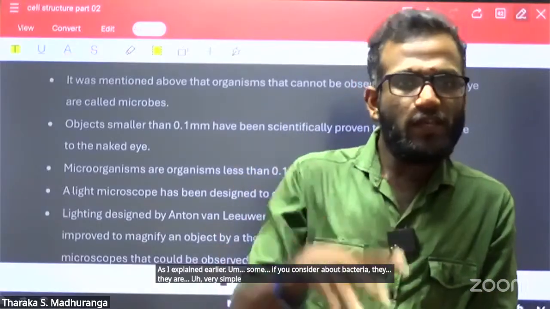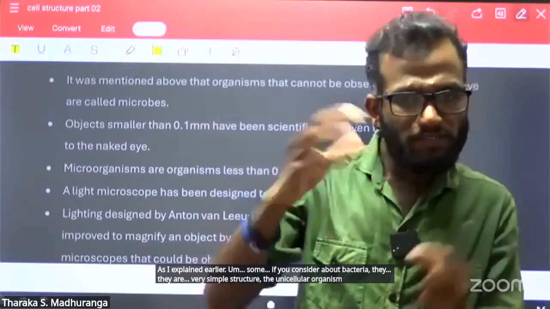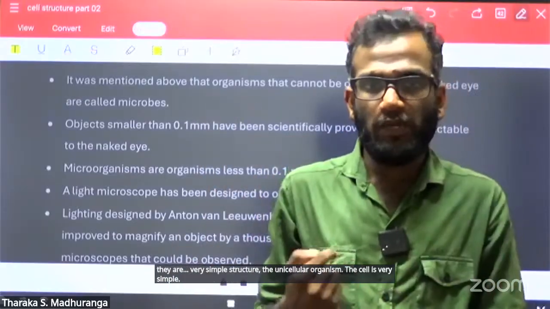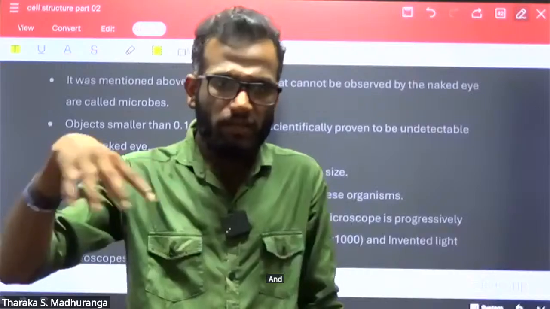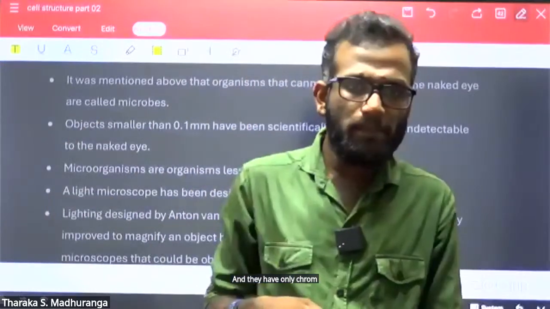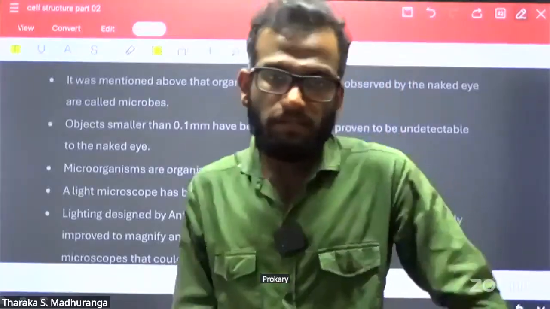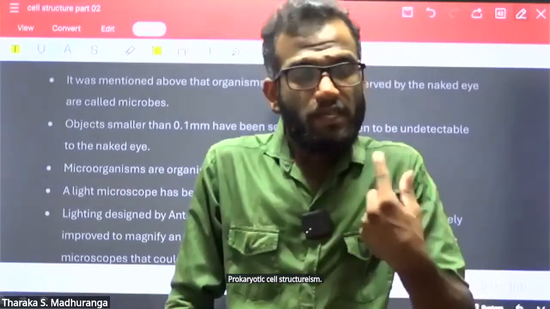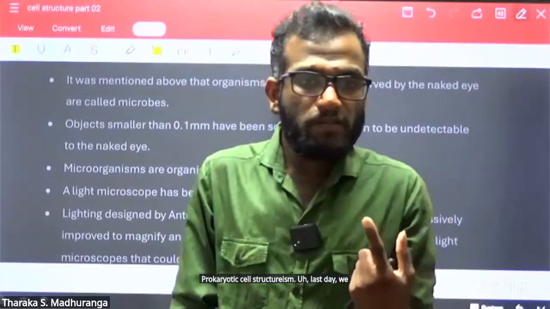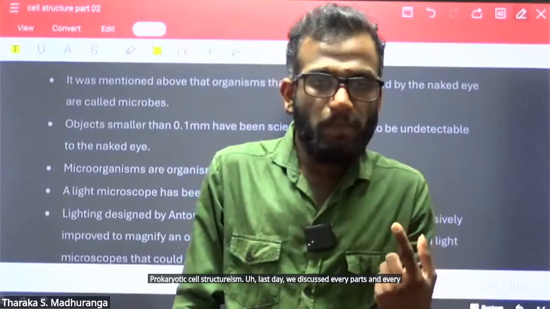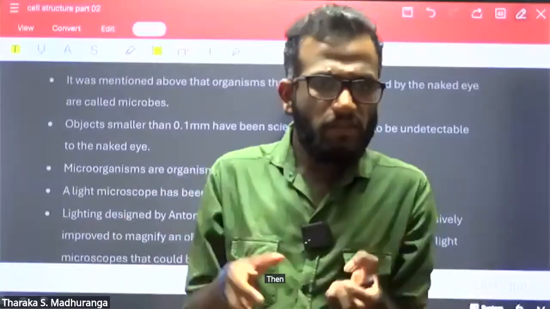A unicellular organism, the cell is very simple, they don't have an organized nucleus, and they have only one chromosome, as I discussed in the prokaryotic cell structure lesson. Last day we discussed every part and every function of bacteria, no? So it is a very simple structure.